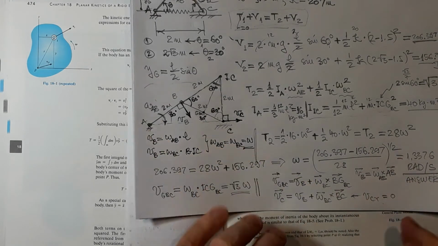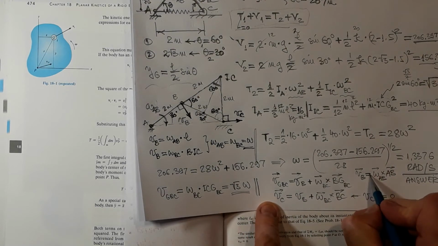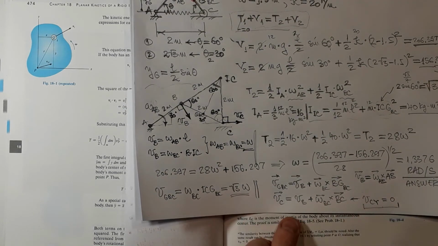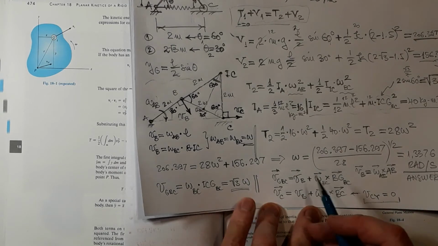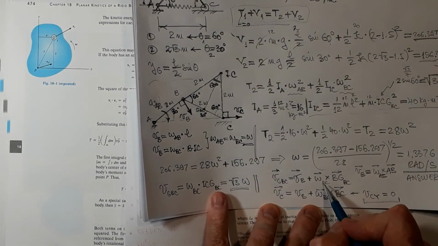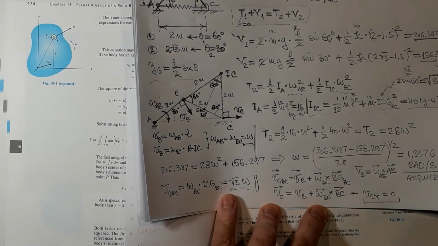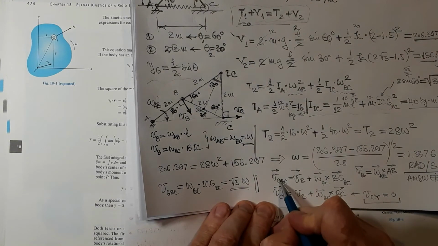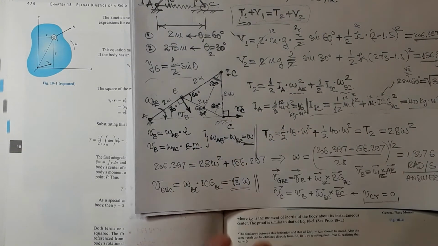Okay, so let's count 1, 2, 3 vector equations with the information that velocity of C in the y direction is 0 allows us to calculate, or ultimately learn that omega of AB and BC is the same first, and then find the velocity of the center of mass of rod BC.